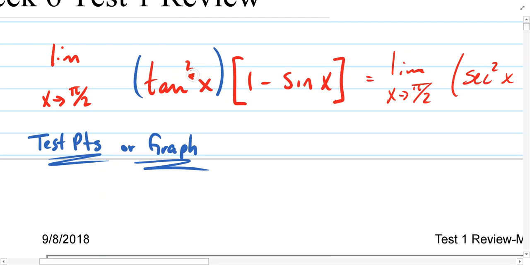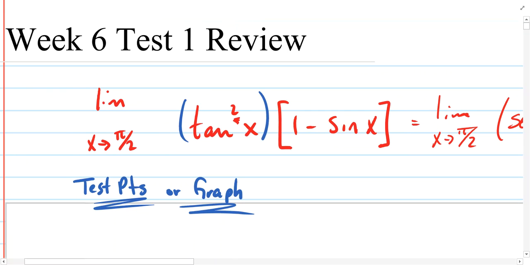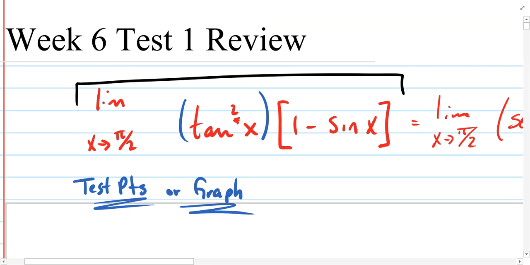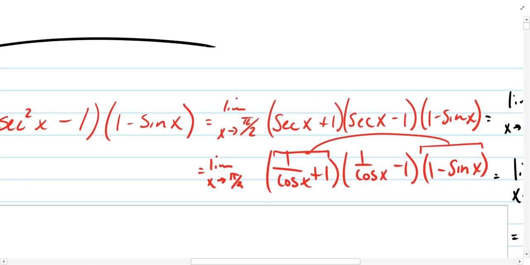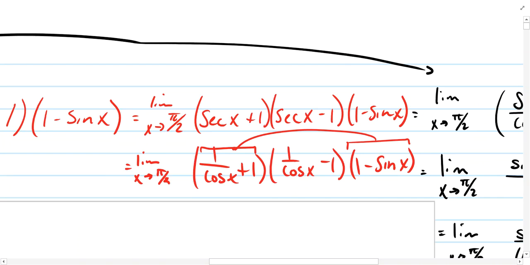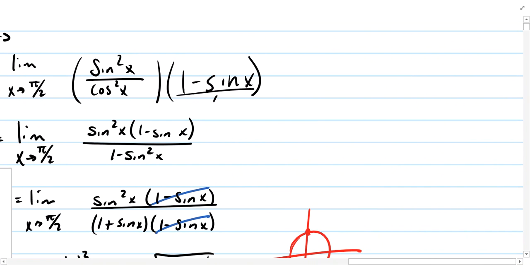So seeing this tangent squared or a sine squared or a cosine squared, those are all good indicators to use a Pythagorean identity. But what ended up being a little bit more helpful in this case is taking this first equation and then using a definition to rewrite it, and then moving to our Pythagorean identity.